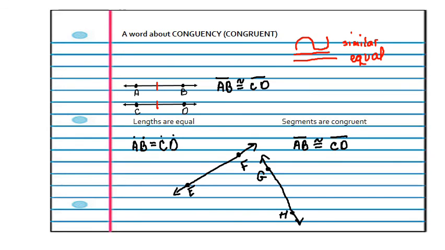And I want to signify that EF is congruent to GH. And they're not the same size as A and B. I'm just going to give it 2 tick marks to say, hey, these guys are congruent to each other, but not congruent to AB or CD. And that's pretty much all you need to know about congruency at this point.